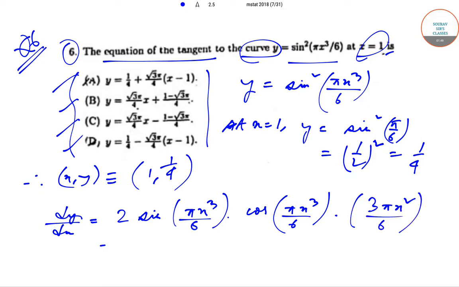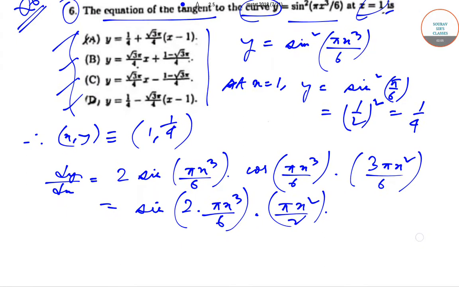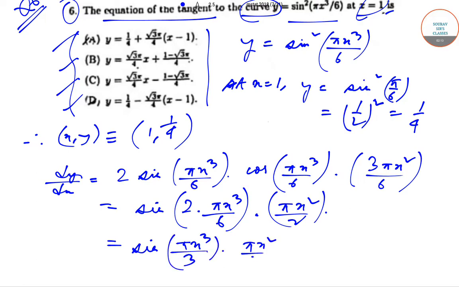So this will ultimately give us sine of 2 into pi x cube by 6 into pi x square by 2, which is equal to sine of pi x cube by 3 into pi x square by 2.